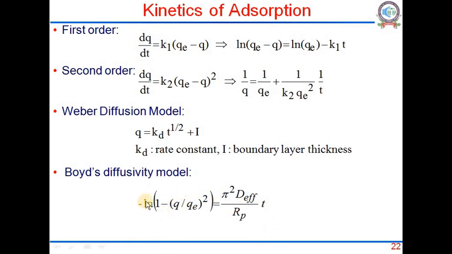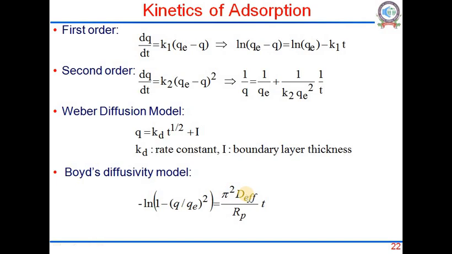One of the models is Boyd's diffusivity model, which says that minus ln(1 minus (Q by QE) squared) is related to time, and this is purely a diffusional process. So the slope tells you the diffusivity of the solute inside the adsorbent.